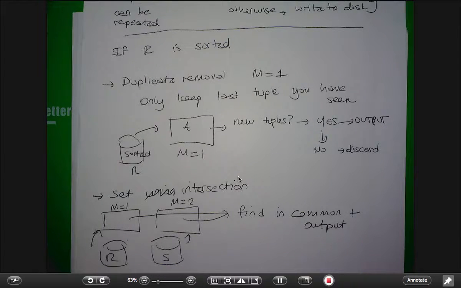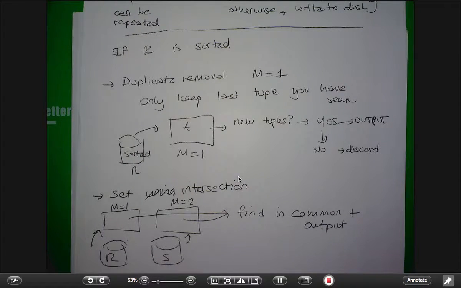So in the merge step, what you're doing is you're finding basically the smallest value. Here you're finding the smallest value in both of them. In fact, if you are really implementing this for real performance, you can combine this with the sort algorithm.